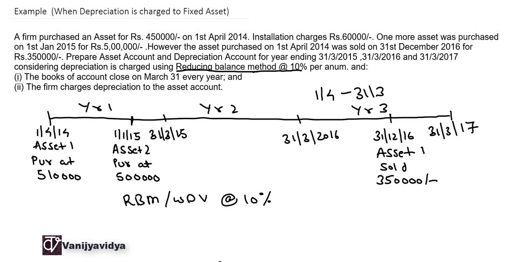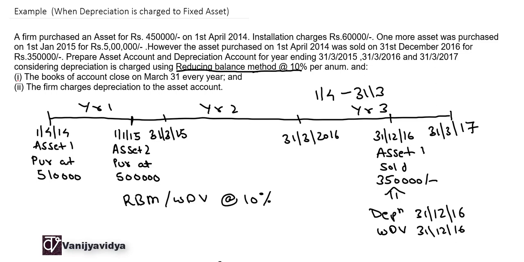So now what we need to do is, for this asset which is sold, we need to calculate depreciation till 31st December 2016, and accordingly, once we calculate depreciation, we will find out what is the WDV as on 31st December 2016.